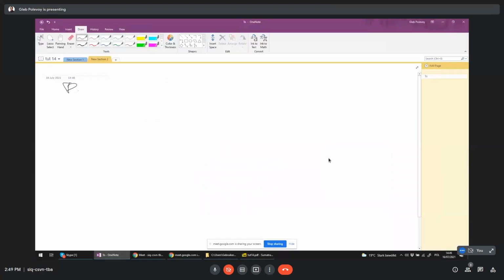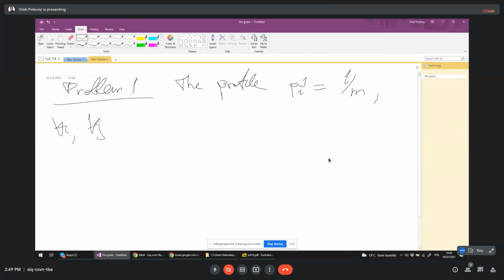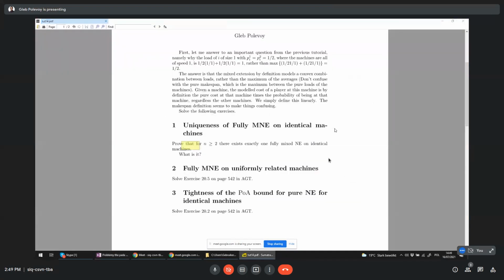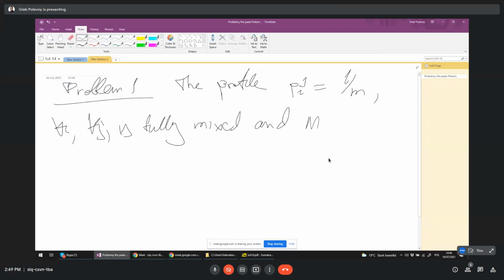Problem 1. The profile where p_ij equals 1 over m for any i and for any j is fully mixed, and it's also a mixed Nash equilibrium.